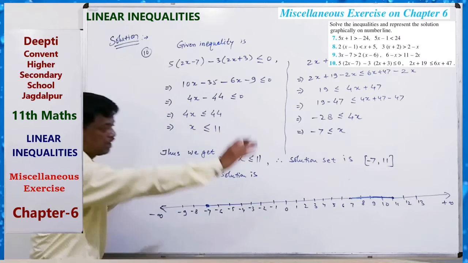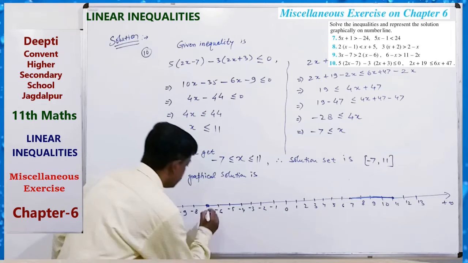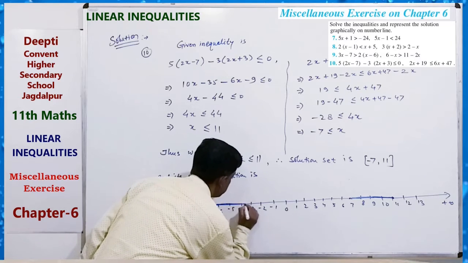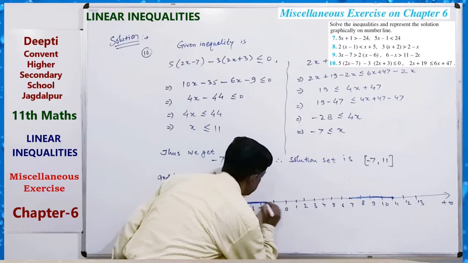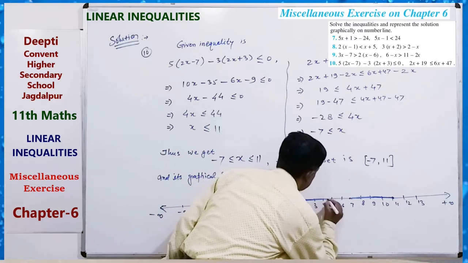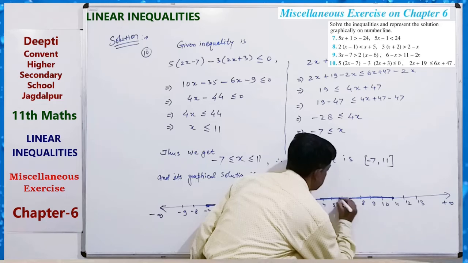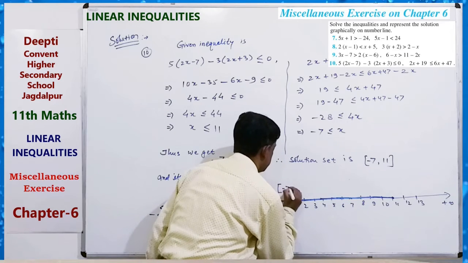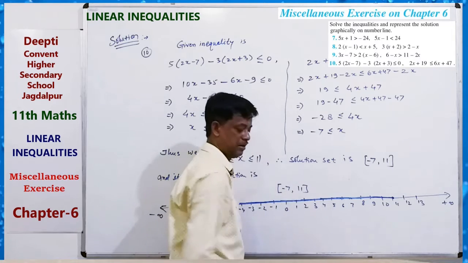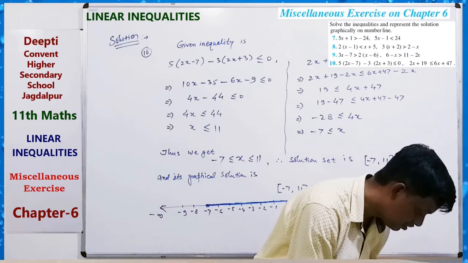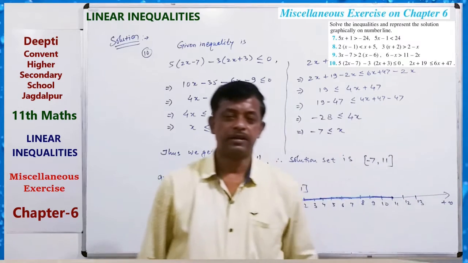The total line from minus 7 to 11 is bold. So you have to draw a bold line just like this, minus 7 to 11. Clear?